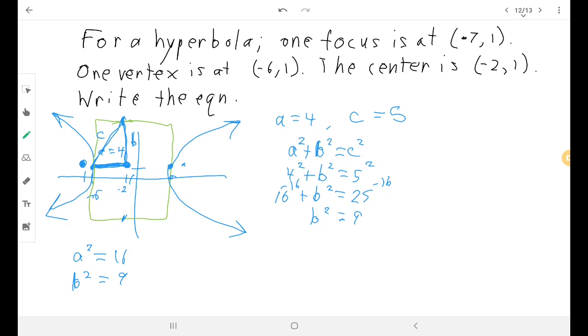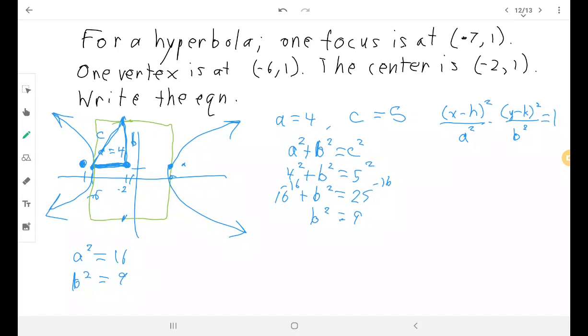I also know it opens in the x direction, so our equation is going to start with the x, so it's going to be x minus h all squared over a squared minus y minus k all squared over b squared equals 1.